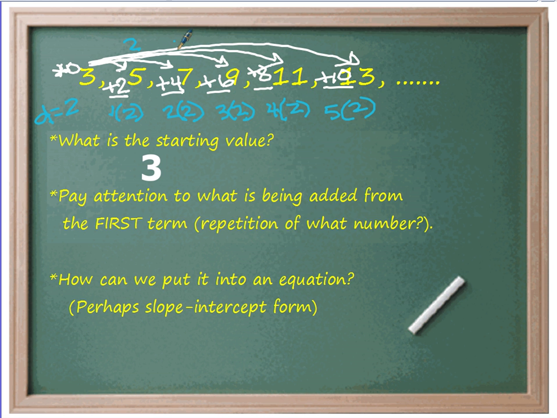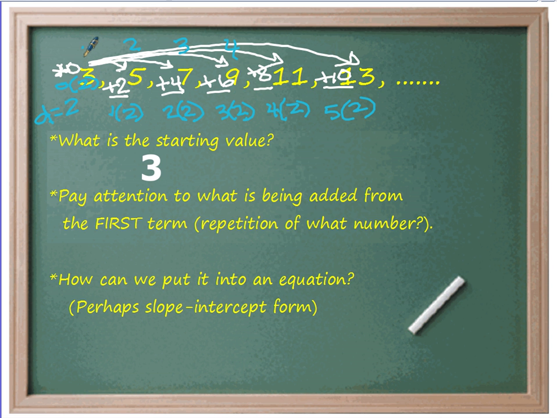To get to my third term, didn't I have to add 2 of our common difference? And then to the fourth term, I added 3 of the common difference. Can you kind of see that there's a pattern there as well? I'm even going to say that to get to the first term, I added none of our common difference.